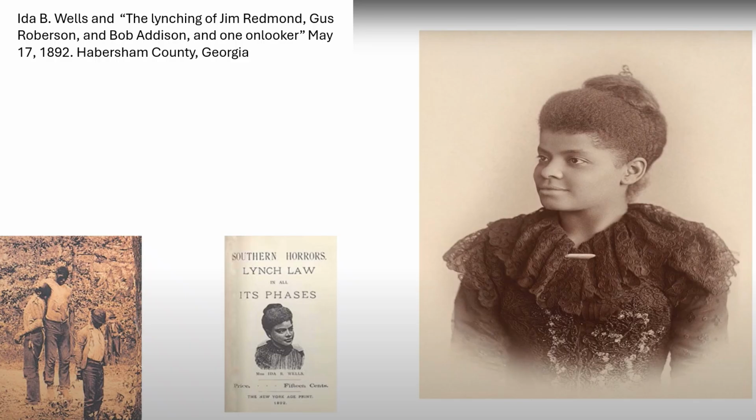And white Southerners, though, did not like the book because it made the South look bad. It reflected poorly on the region, and it also, you could say, debunked some of the narratives that white Southerners had crafted to defend this violence against African Americans. If you asked them about lynching, they would say it wasn't very common.